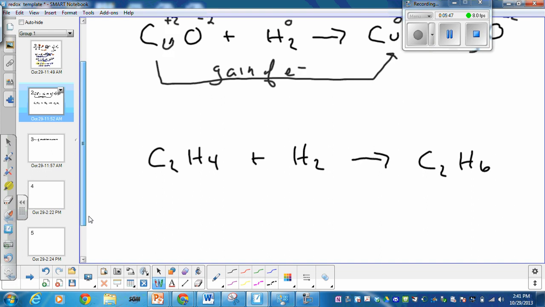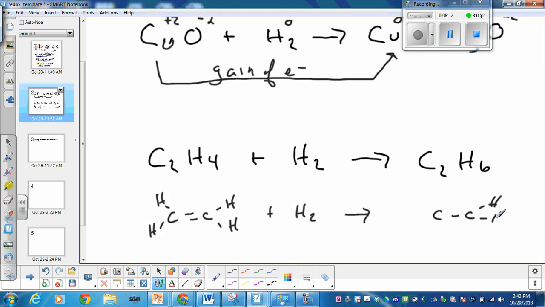Let's look at an example in the organic chemistry world. This is ethene. Remember how that looks? C, double bonds. Okay, so this is our place. And we know that with double bonds, there's a common reaction called an addition reaction. So let's bring in hydrogen gas, allow it to react, and form an alkane. And what happens here?